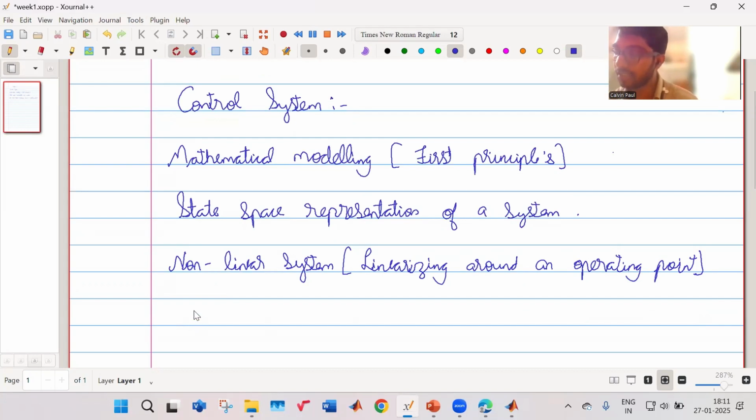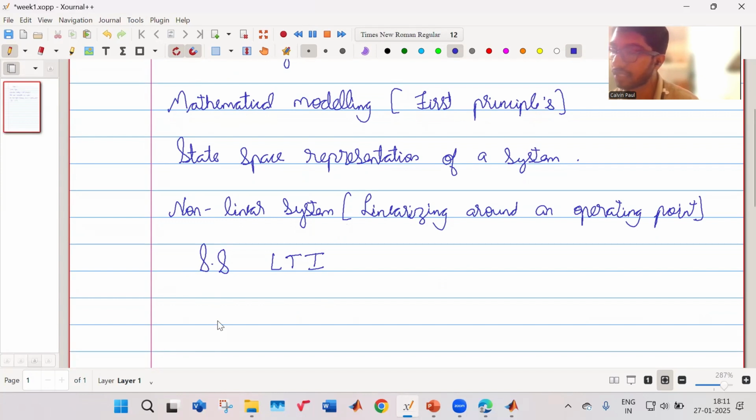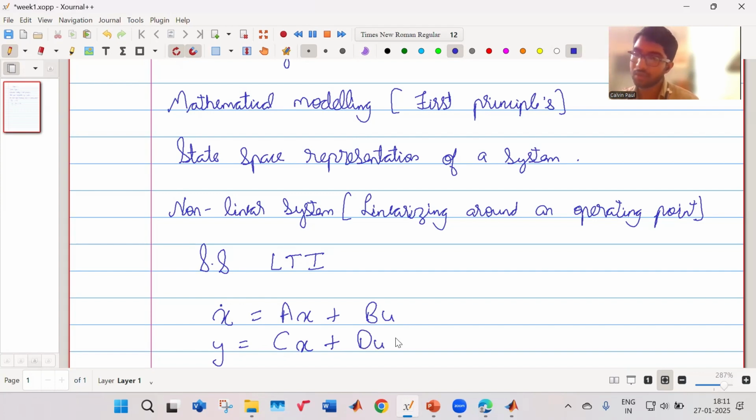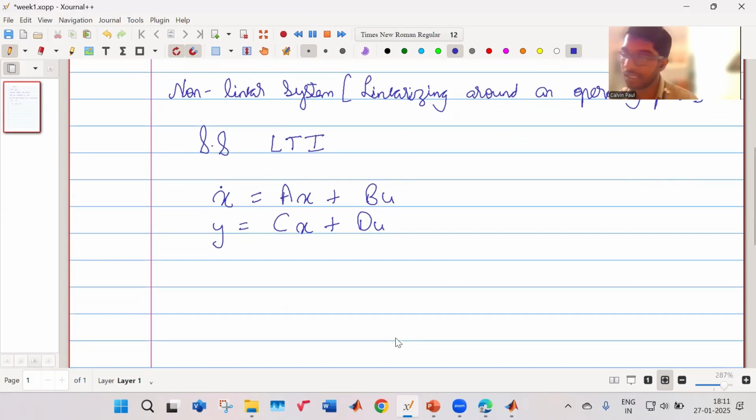The state space representation for a linear time invariant (LTI) system is given this way: x dot equals Ax plus Bu, and y equals Cx plus Du. We will first consider a very simple system, which is a SISO system.